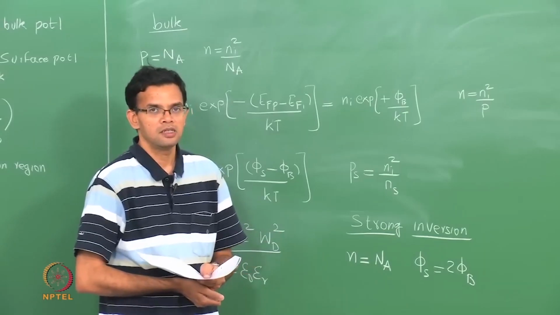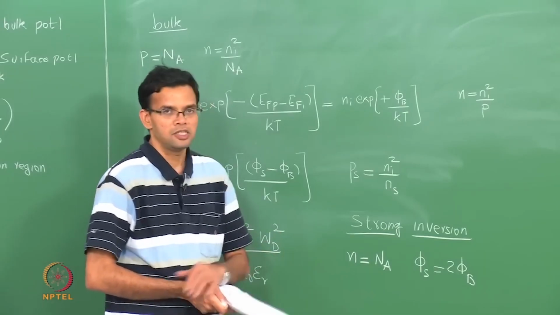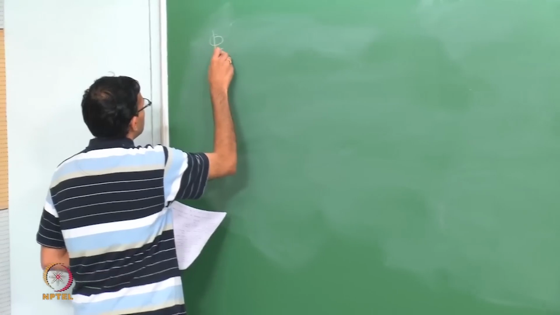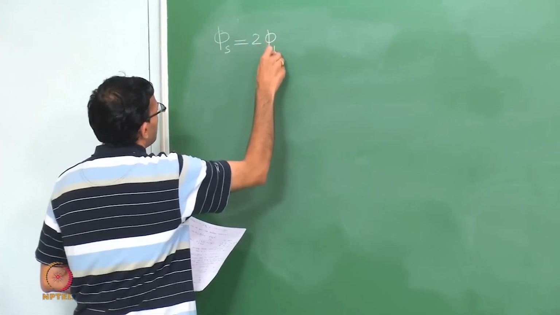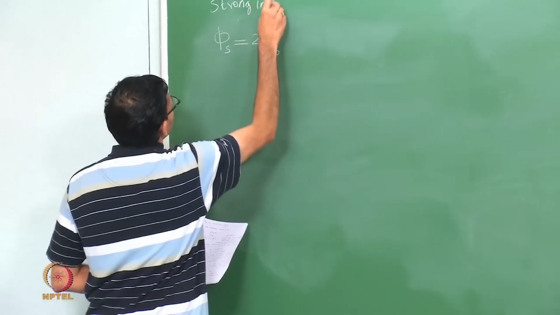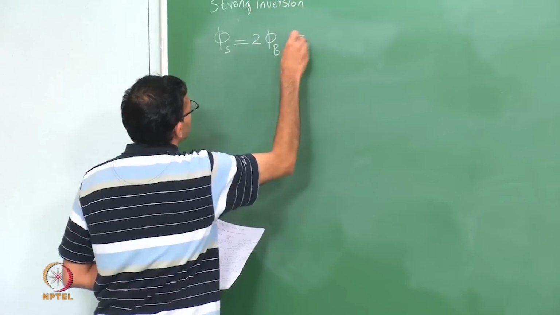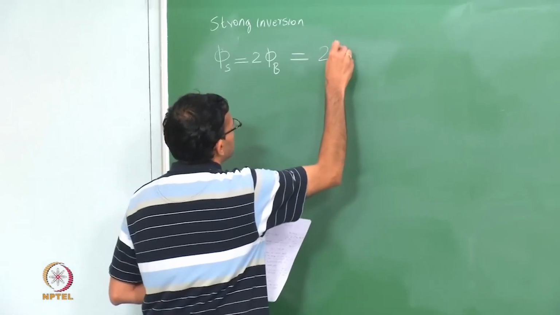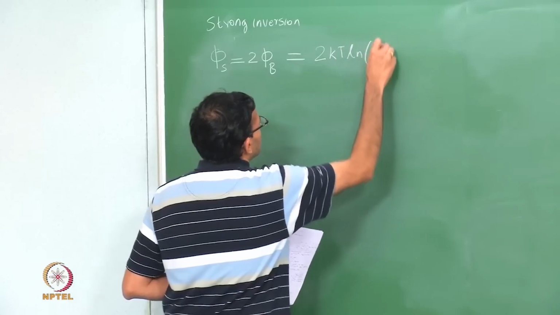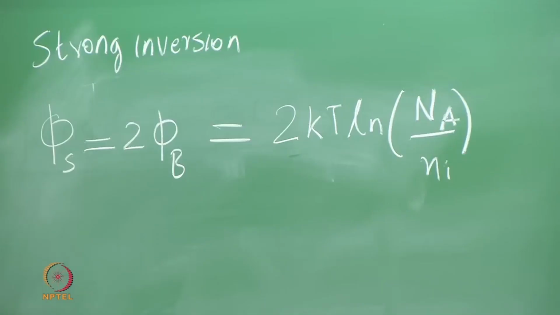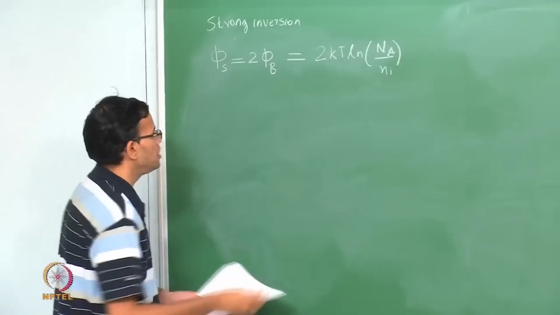So, we will equate this in order to calculate the width at strong inversion. So, we have a case of strong inversion where phi s is 2 times phi b. This in turn is related to the concentration of the acceptors, ln Na over Ni. We also saw an expression relating phi to the width of the depletion region.